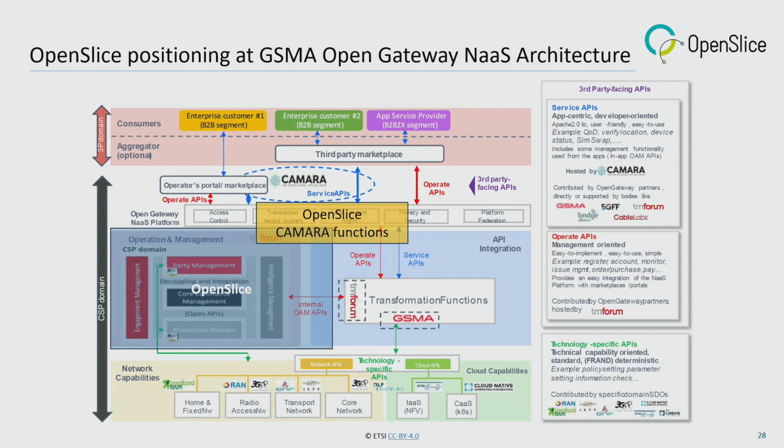So this figure came up quite some times today, and this is where we aim that OpenSlice stands today. So it is clear, utilizing Operate APIs and TM Forum APIs, that the box of operation and management is quite clear.